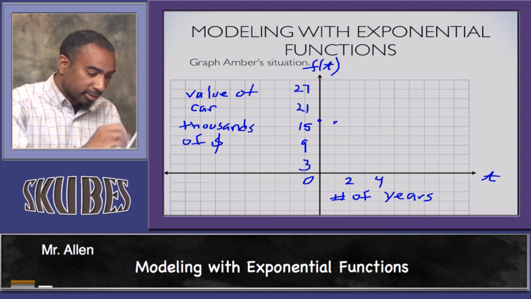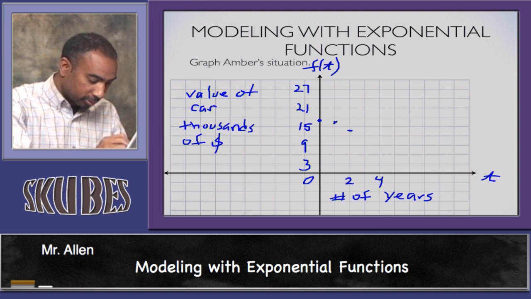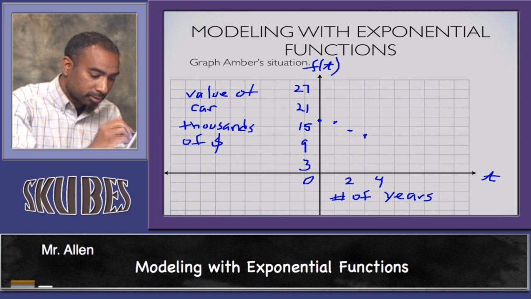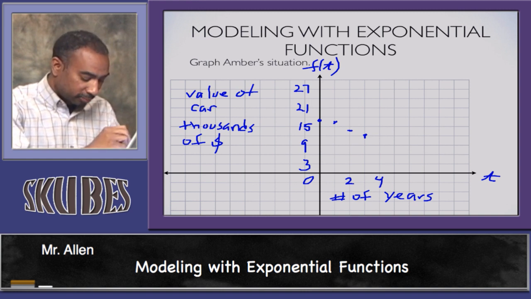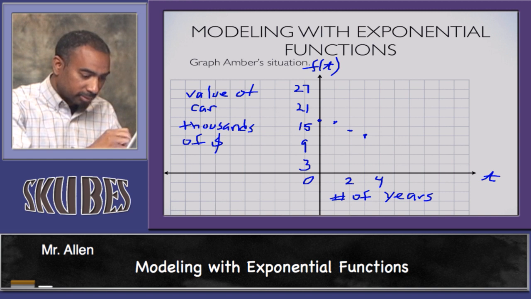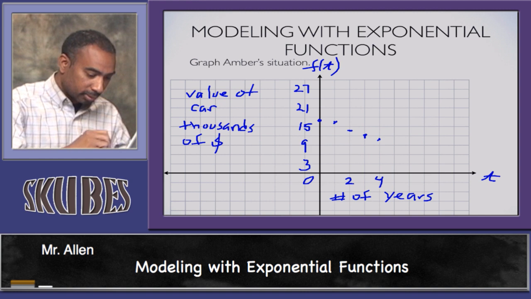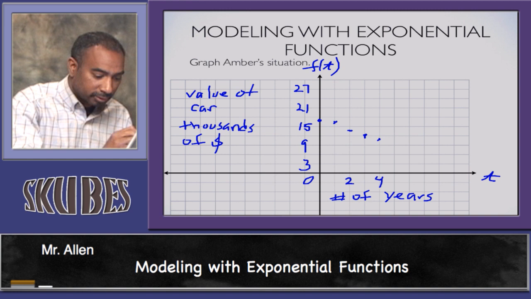And in 2 years, it goes down to 14,000. 3 years, it goes down to 13,000, so it'll be roughly there. And in 4 years, it goes down to 12,000, so that'll be here. So the pattern is it's going to depreciate. It's going to steadily go down.